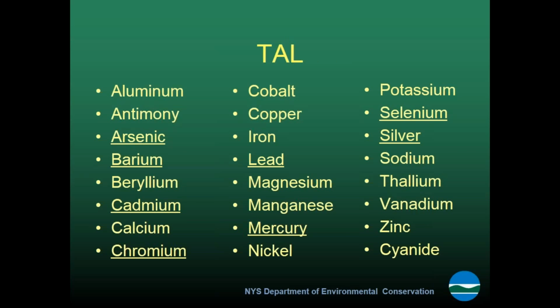The reason that these are properly analyzed when you're looking at a site is they're important for the soil geochemistry, and understanding how the chemicals will interact with the soil.